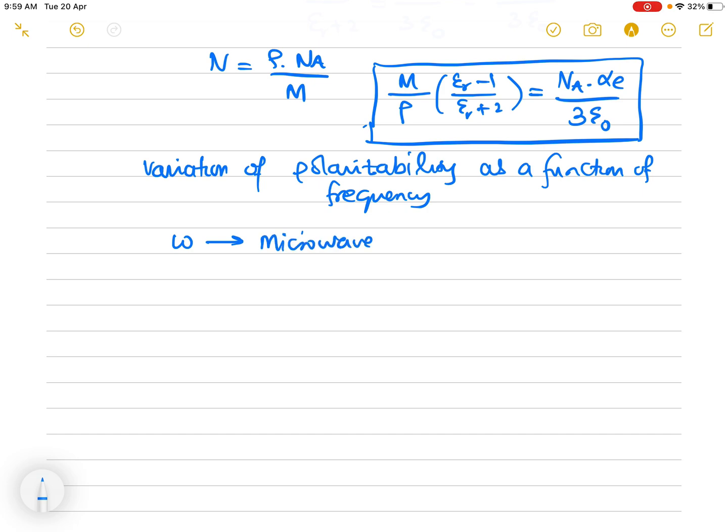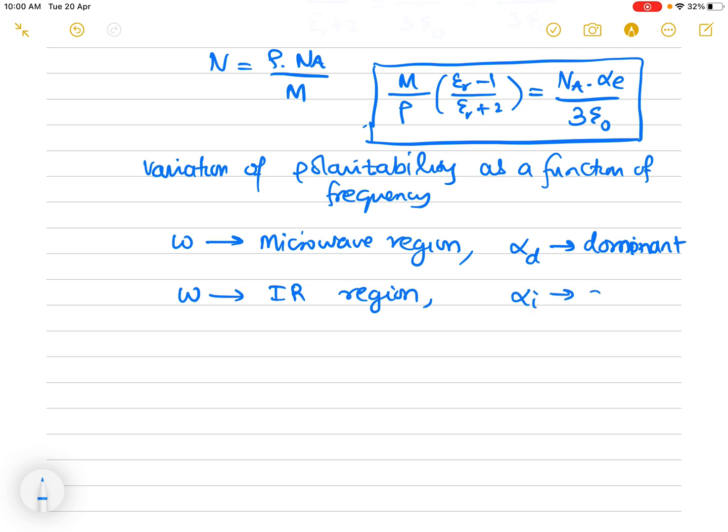When the frequency is in the IR region, the ionic polarizability is dominant. When the frequency is in the UV region, then electronic polarizability is dominant. So we look at it as a function of frequency.